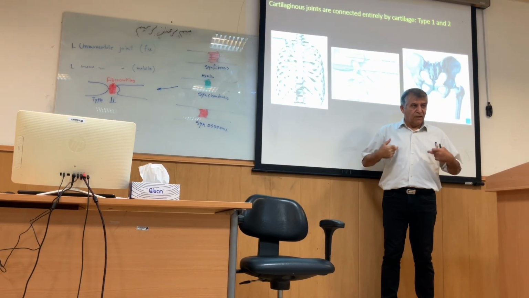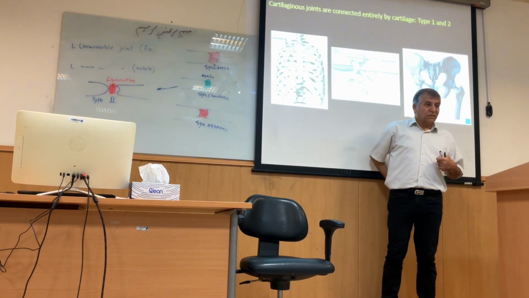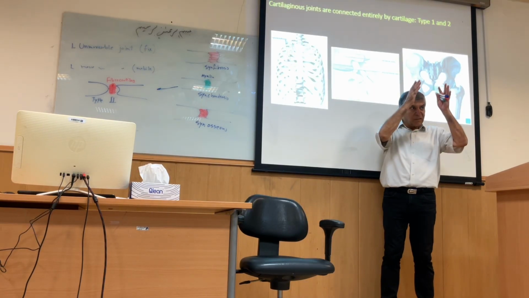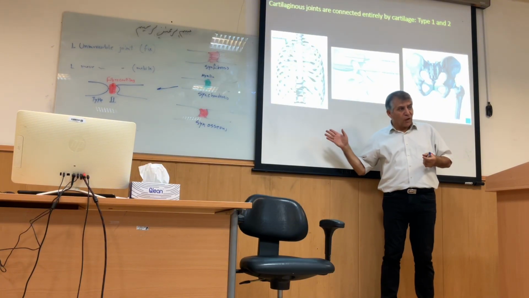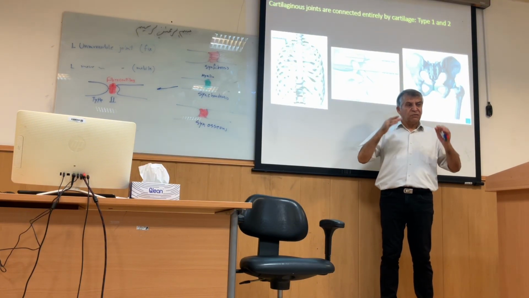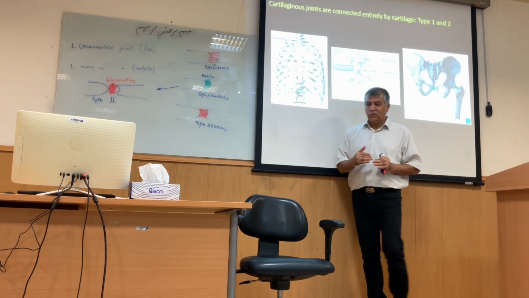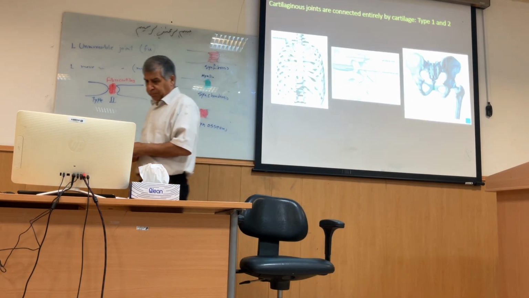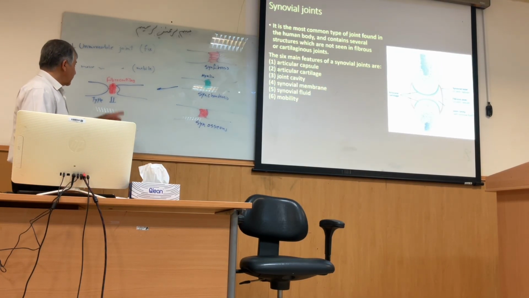Symphysis pubis, between xiphoid and sternum, between sternum and manubrium, intervertebral disc, all of them are in the midline. All of them are formed by fibrocartilage. For this reason, all of them are called chondrosis type 2.